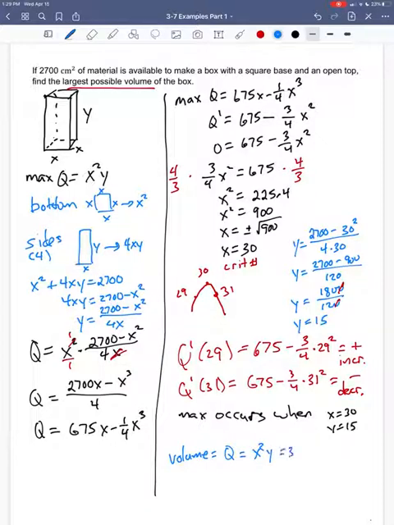So that's going to be 30 squared times 15. That's going to be 900 times 15. And if we do that, we get 13,500. And of course, it was 30 centimeters, 30 centimeters, 15 centimeters. So this would be cubic centimeters.